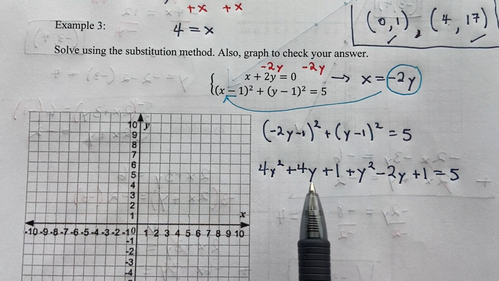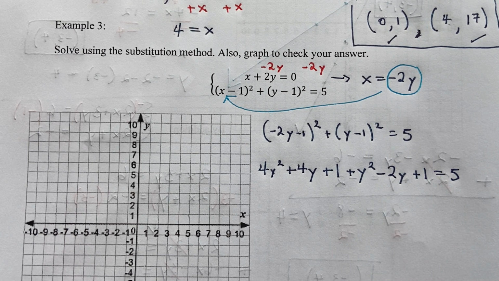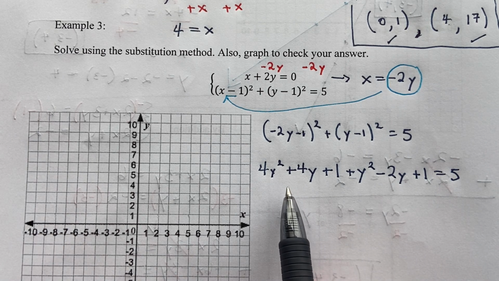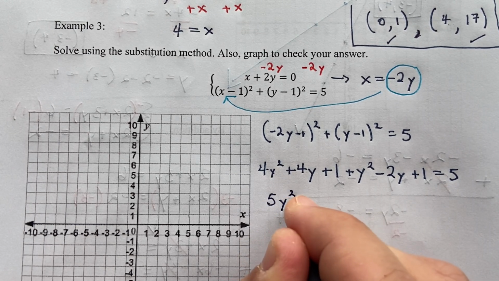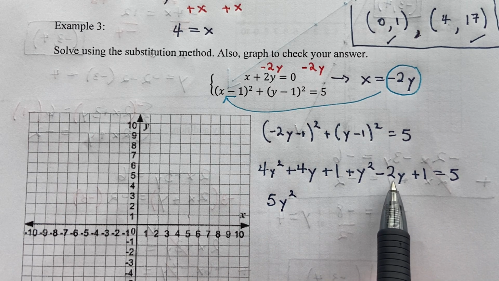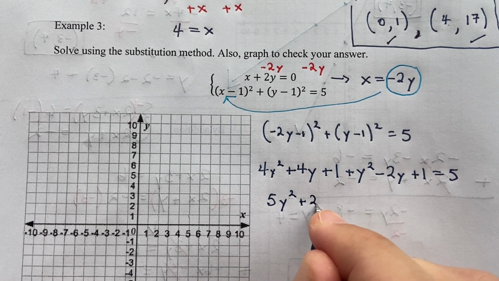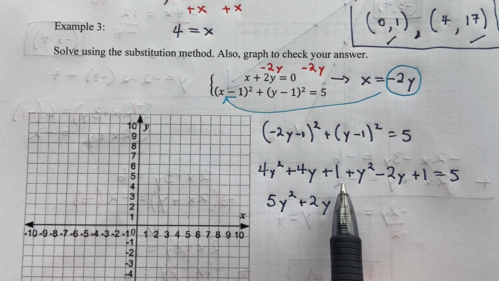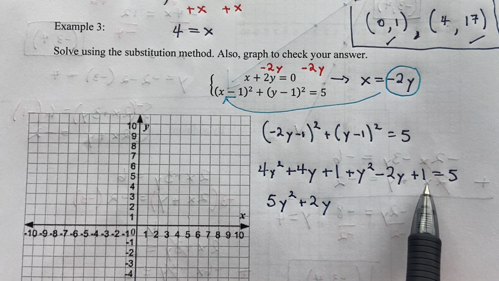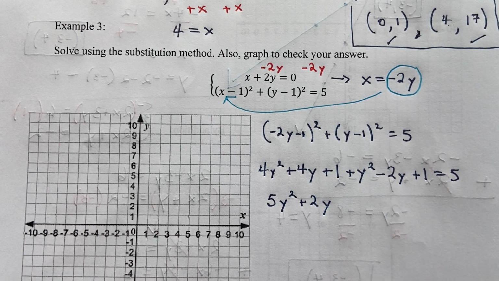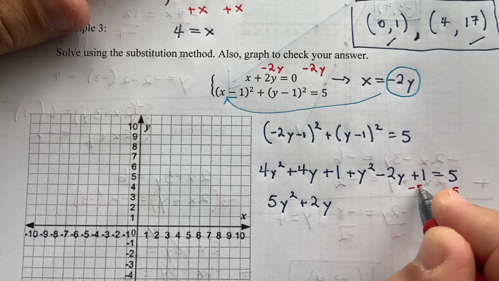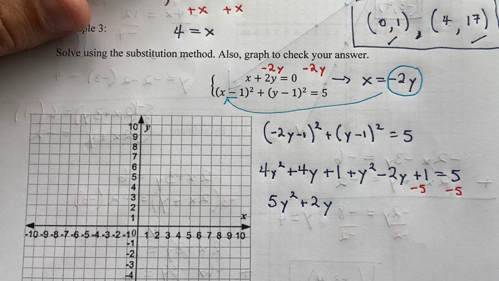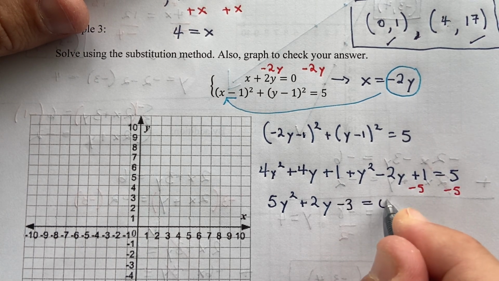Now we're combining like terms and solving this quadratic in terms of y. So 4y squared, that's 5y squared. 4y minus 2y, that's 2y. 1 plus 1 is 2, and then I'll subtract over the 5 at the same time. So we would have a 2 and then a minus 5, so a negative 3, and this would all equal 0 now.